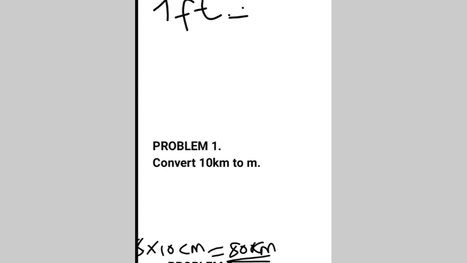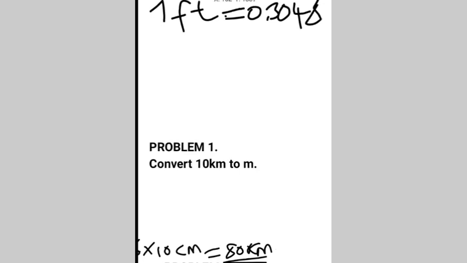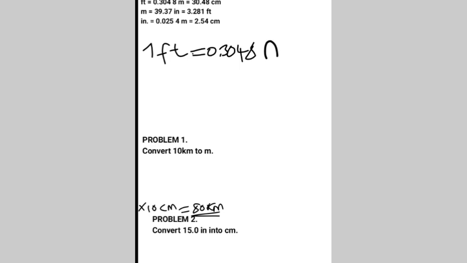So 1 feet is the same as 0.3048 meters, and in centimeters this is the same as 30.48 centimeters. So make sure that you understand these units.